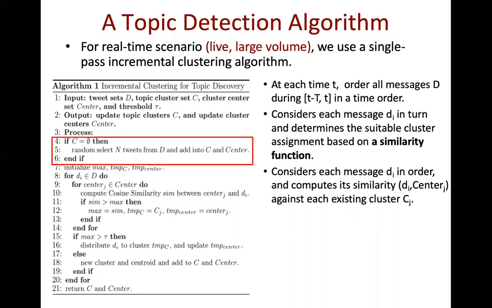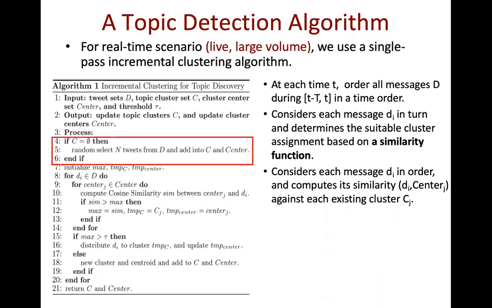So you take a new message, you have some similarity measure, and you compare it to the cluster centroids that you have. You don't need to compare to all members, you only need to compare to cluster centroids, like summaries of what each cluster is about.